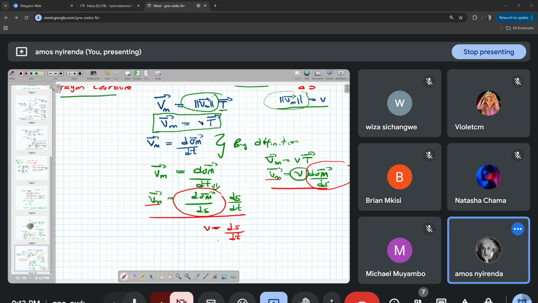Is it clear? If you compare these two expressions, you see that the magnitude is going to be given by ds divided by dt. C'est clair? You understand? The magnitude is given by ds divided by dt. By identification, we get this one by identification. C'est bon?